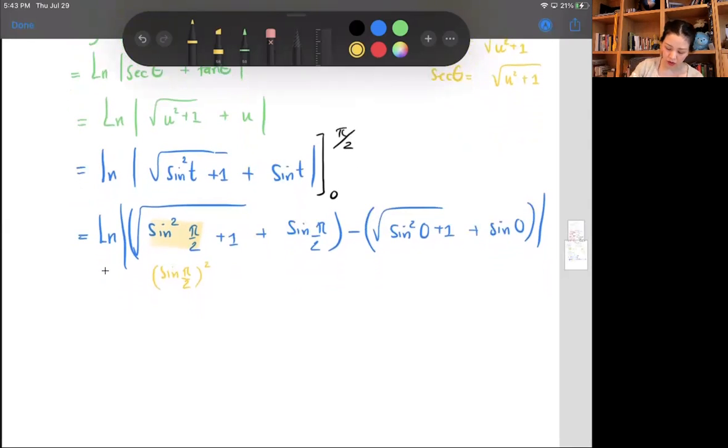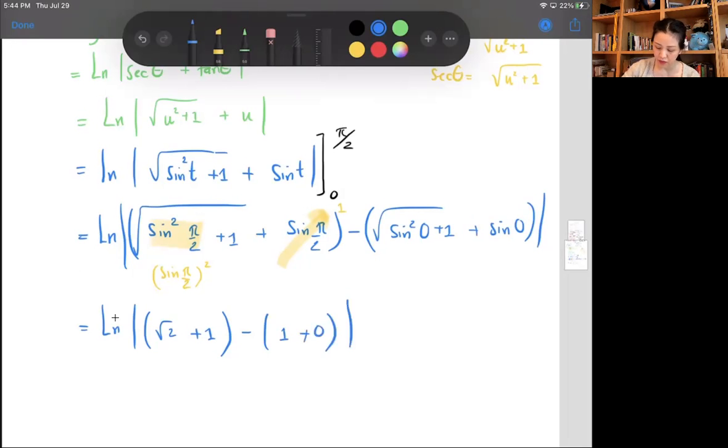Psi of pi half is 1, so plus 1. For the lower limit, psi squared of 0 is 0, plus 1 gives the square root of 1, which is 1, and plus 0.